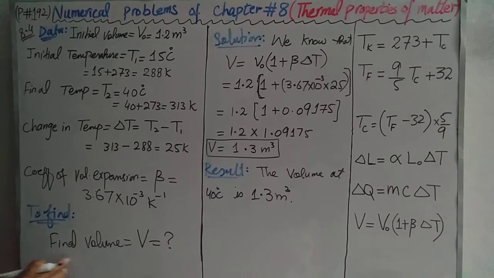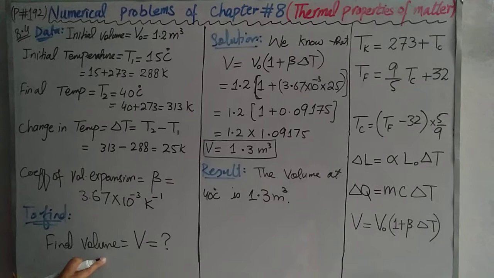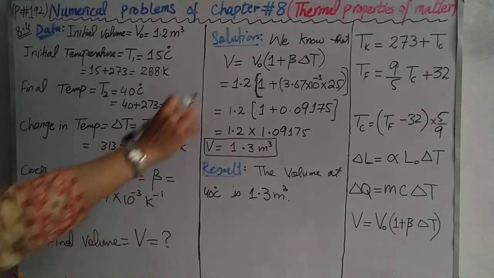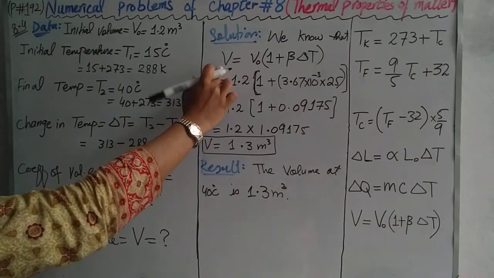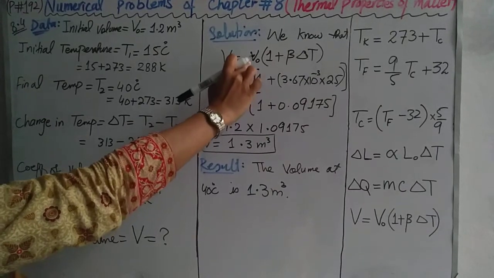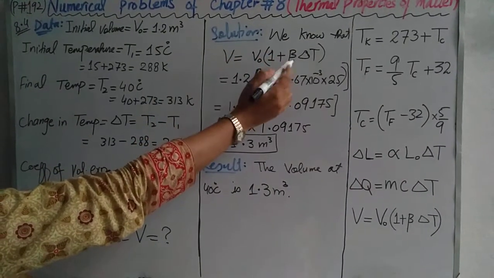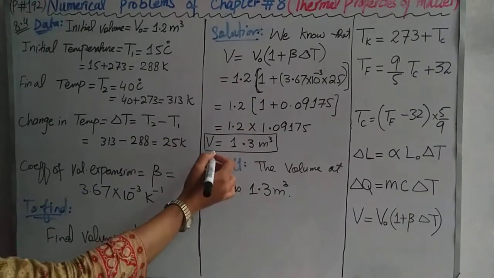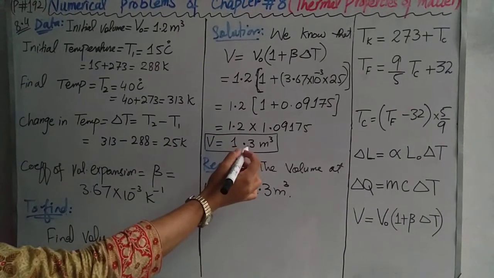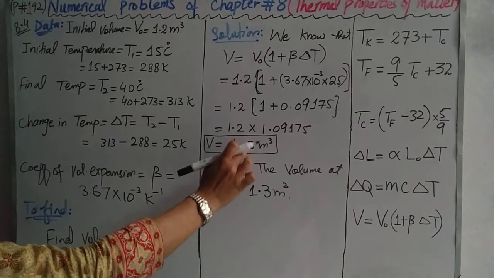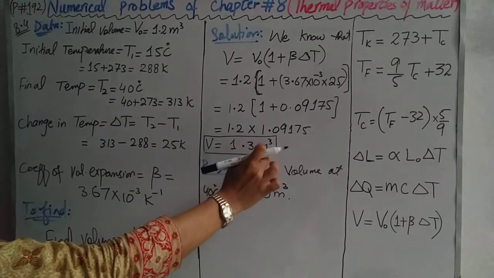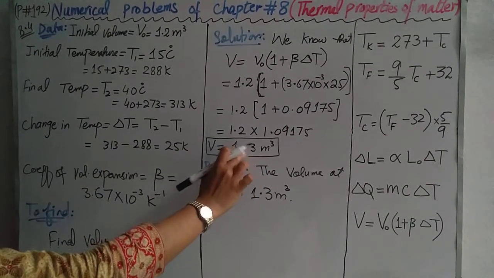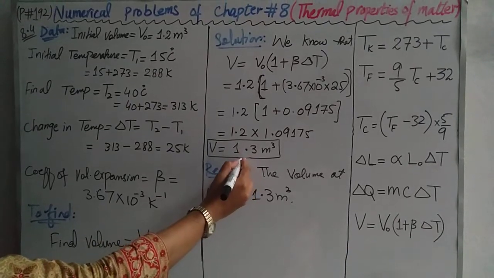What we have to find out is the final volume at 40 degrees centigrade, by using the formula from your textbook, V is equal to V naught 1 plus beta delta T. By putting the values in this, we calculated the final volume at 40 degrees centigrade, that is 1.3 meter cube. Don't forget to write the unit along with the numeric value.